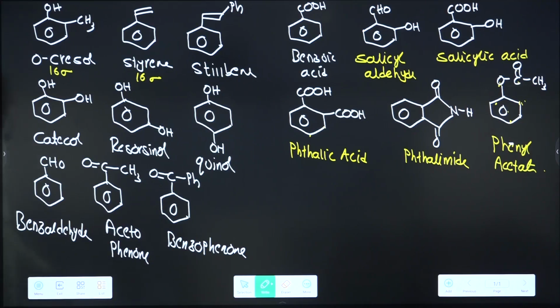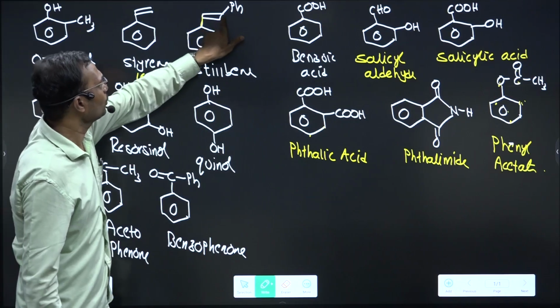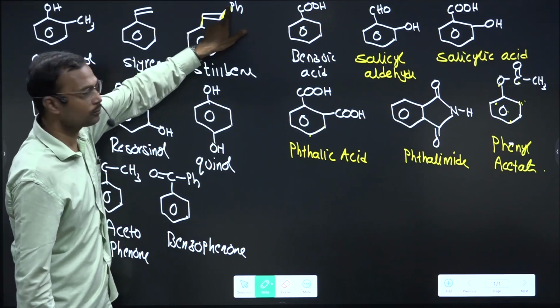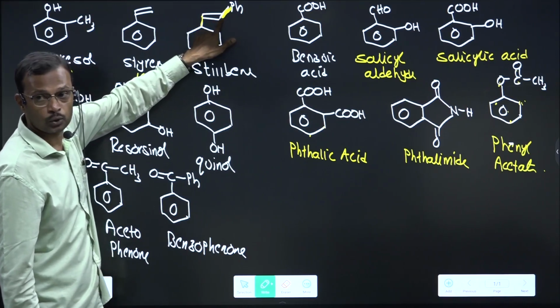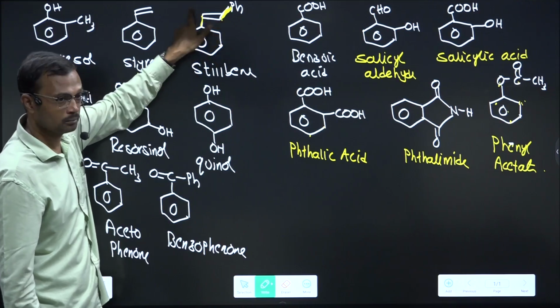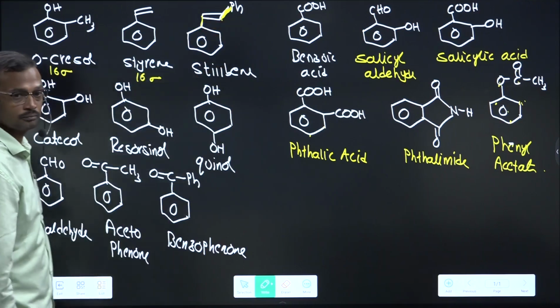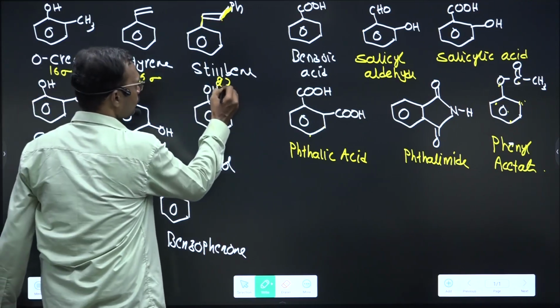Don't look at others' faces. Whatever you are getting, say the answer. Every benzene has 12. Up to here 12. 12, 12, 24. 2 hydrogens are there. 26. Here one more sigma. 27. Between the carbon-carbon double bond, one sigma bond is present. So now it is 27 sigma.